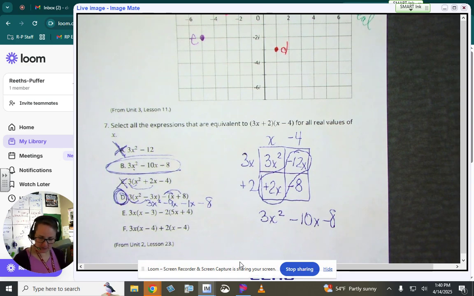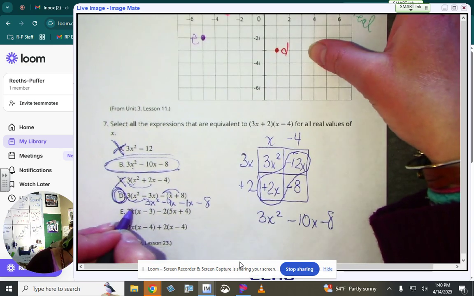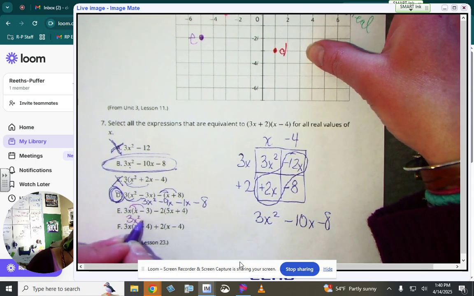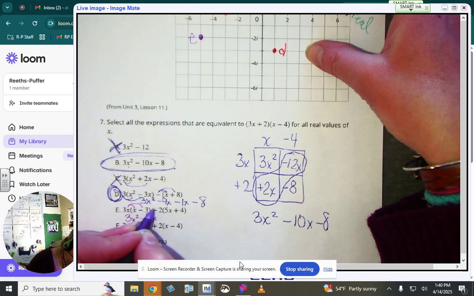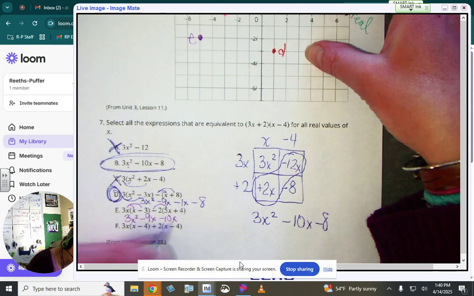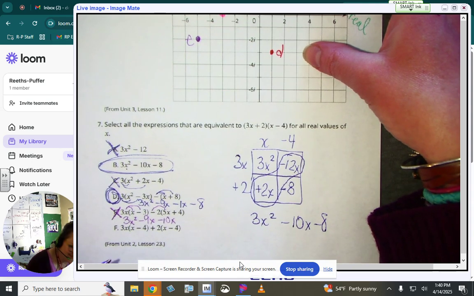Well, they made it look pretty different, didn't they? Okay, let's look at these ones. Keep on going. 3x squared minus 9x minus 10x. Wait a second, that's 19x. I'm not even going to keep on going with that. Sorry.